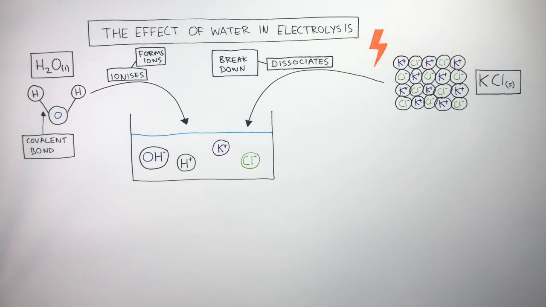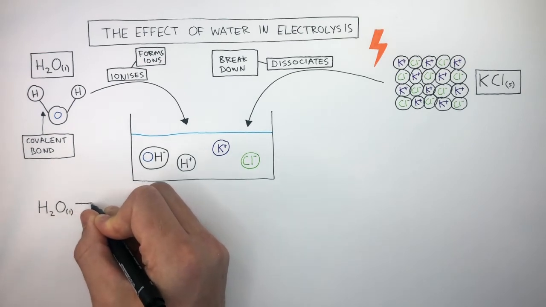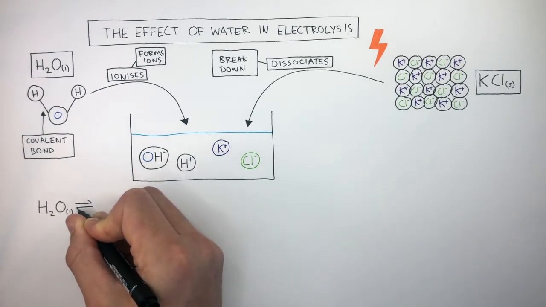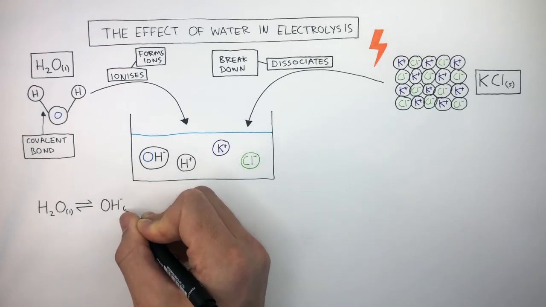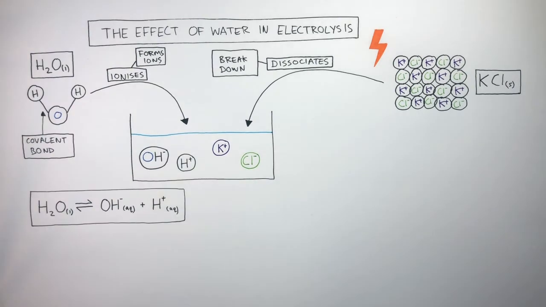The ionization of water to a hydroxide ion and hydrogen ion is easily reversible. We can show this using a balanced symbol equation where H2O (l) for liquid, and then the reversible sign, reacts to form OH- (aq) for aqueous plus H+ (aq) for aqueous.